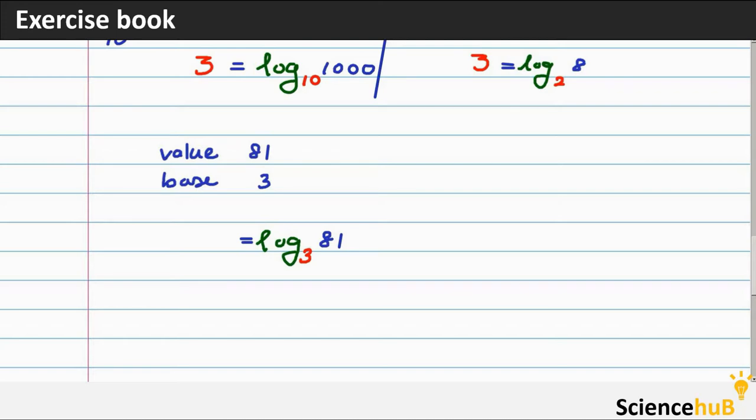I have to go and ask 81, what would be your power if your base is 3? Okay, let me check. 3 times 3 is 9, times 3 is 27, times 3 is 81. Okay, the power is 4. So the answer is 4. Now I think you are clear with this concept, and it is a really simple concept, and you have to understand that.